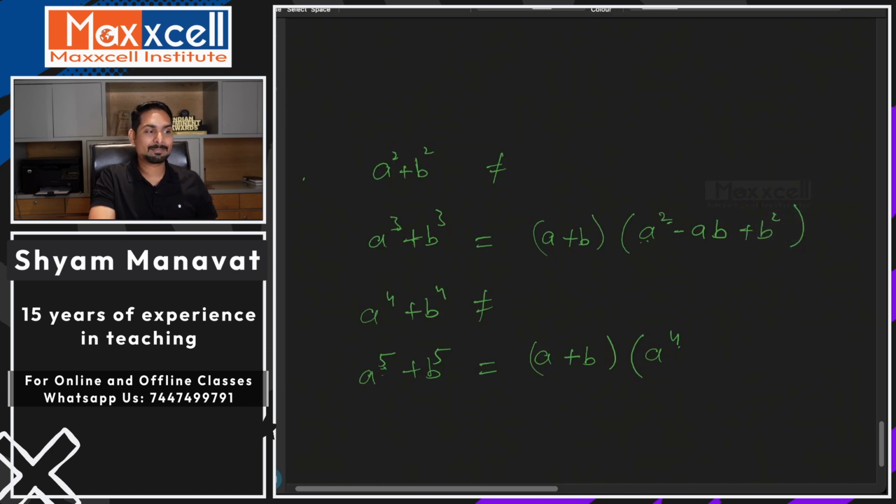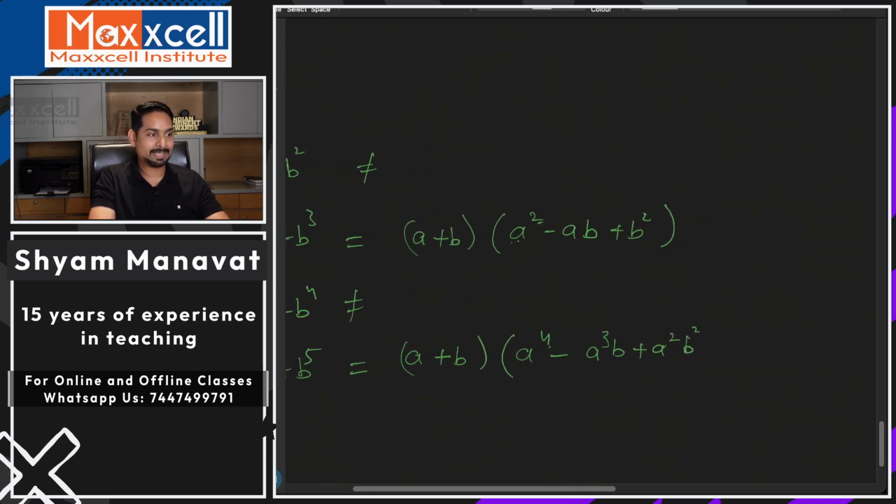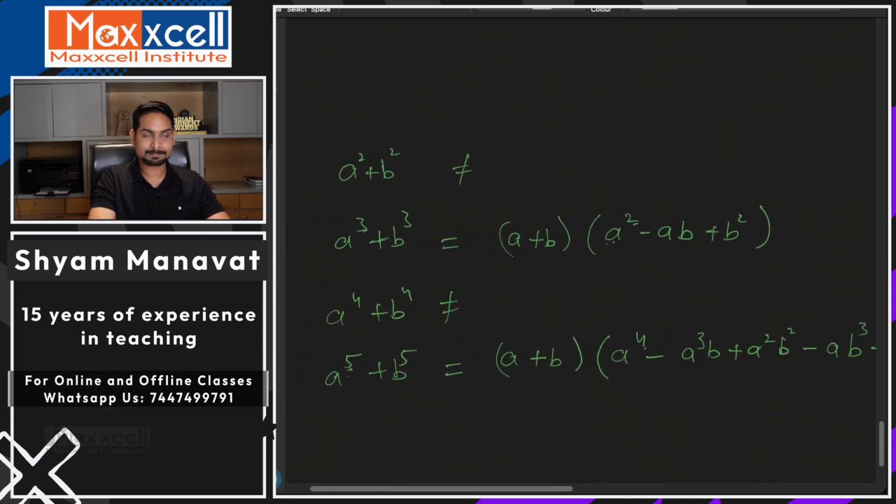And then plus minus alternate, reduce the power of a, increase the power of b. Plus minus alternate, plus a square, increase b square. Minus, decrease a, increase b cube, plus b to the power 4. Are you able to understand this?